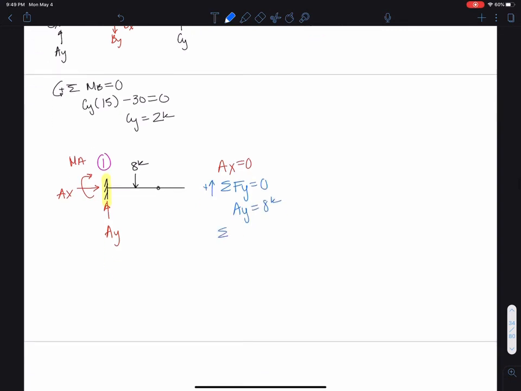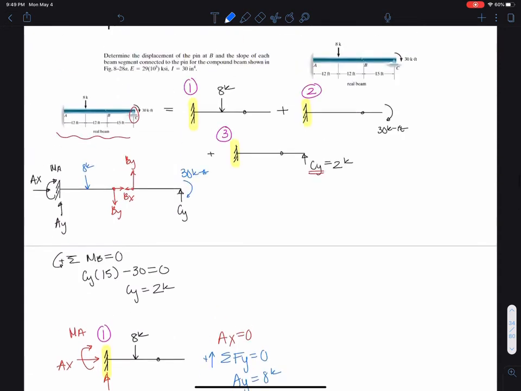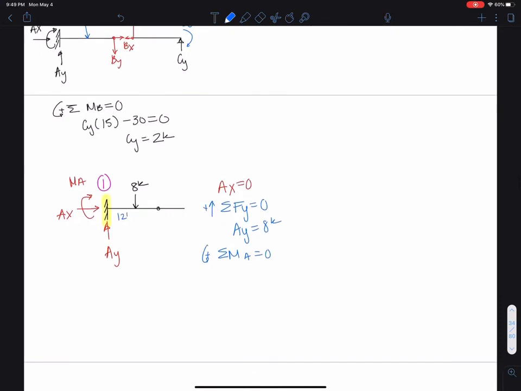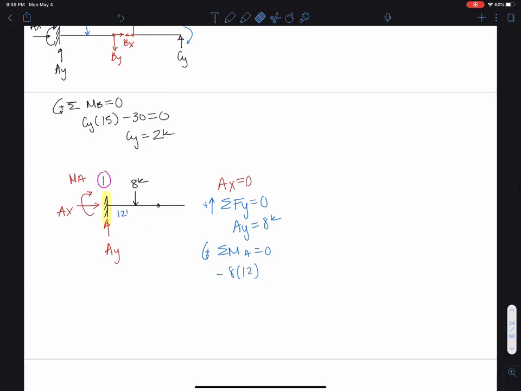And let's say we sum moments about point A, set them equal to 0, counterclockwise is positive. The 8 kips acts 12 feet away. We end up getting negative 8 times 12 minus MA, so MA is equal to 96 kip feet, but in the opposite direction, so counterclockwise.